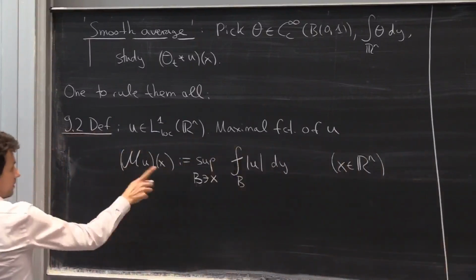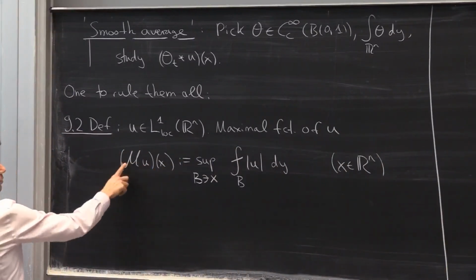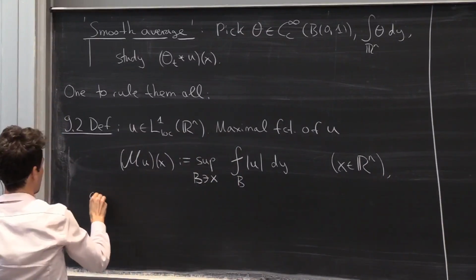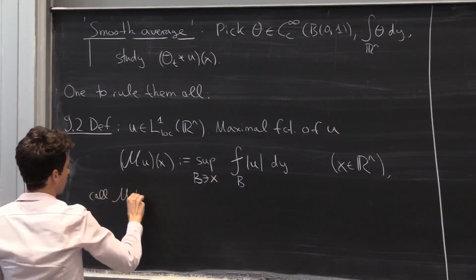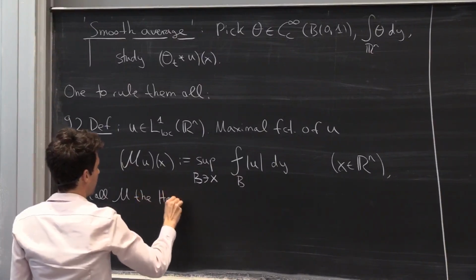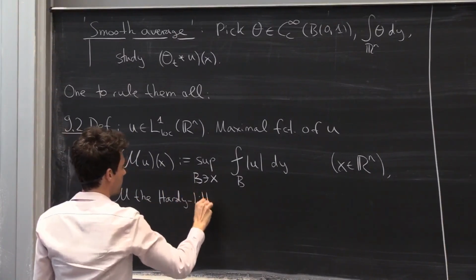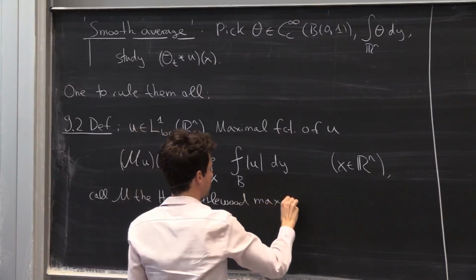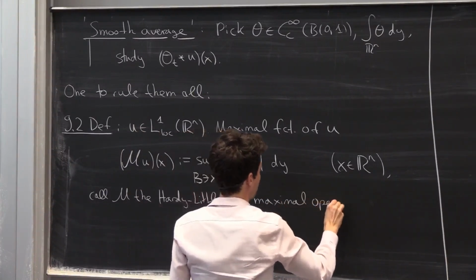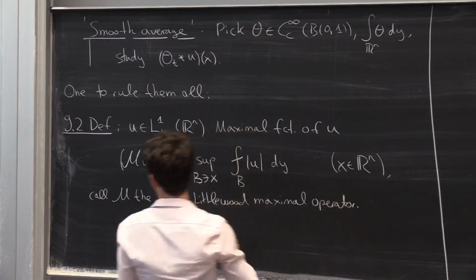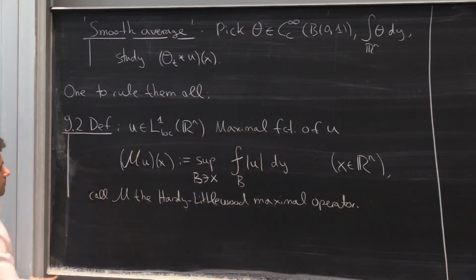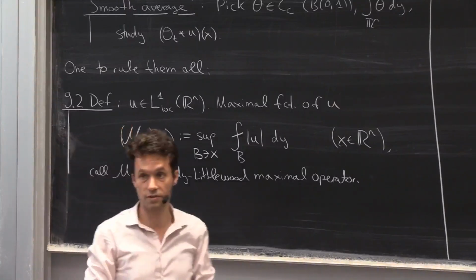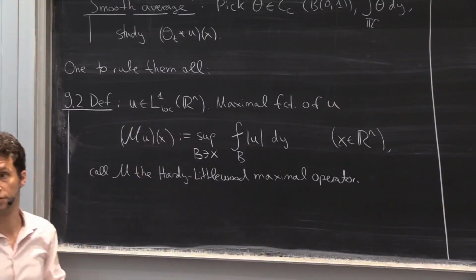Okay, and then the operator M that sends u to this maximal function is called the Hardy-Littlewood maximal operator. Okay, so that's an operator sending L1 loc things to functions.